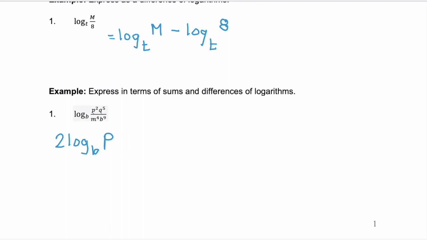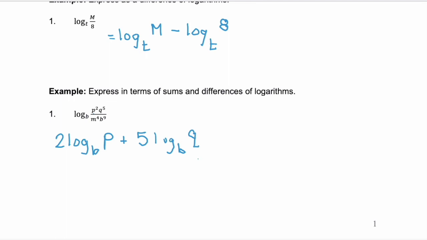Then if we move on to q to the power of 5, well, that is being multiplied by the p squared. So we can use the product rule, which means we're going to add these logs together. Use the power rule, which brings the exponent of 5 out, and we have log base b still of q.